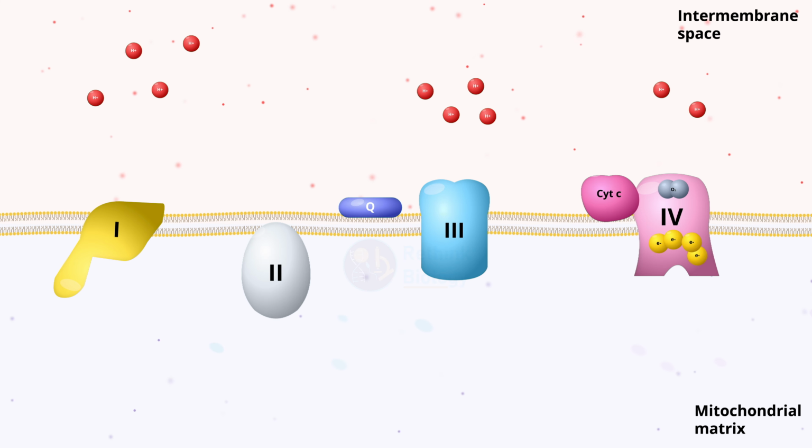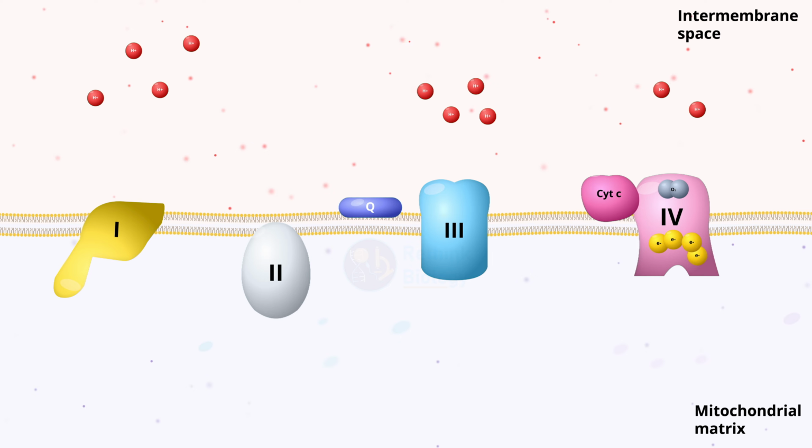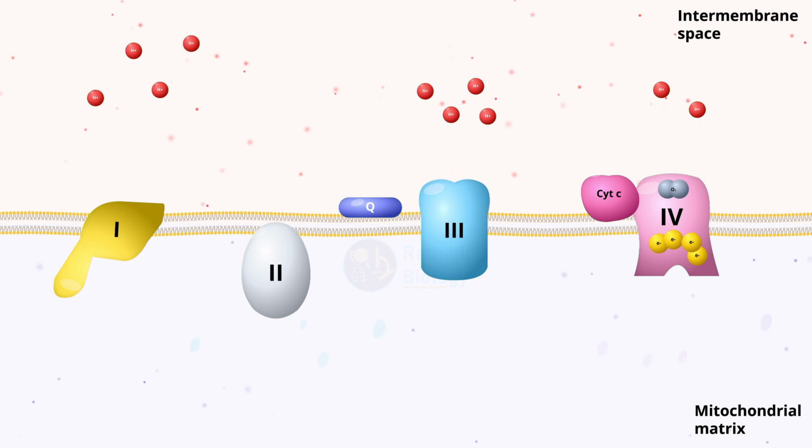An oxygen molecule arrives at complex 4. Oxygen is highly electronegative, meaning it is incredibly hungry for electrons. It acts as a powerful magnet. Oxygen pulls those spent electrons out of complex 4.